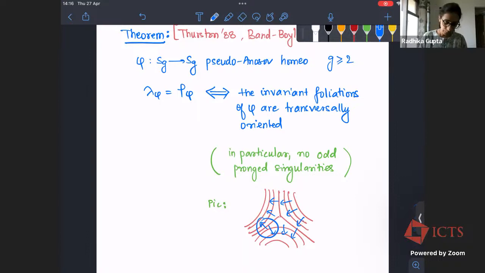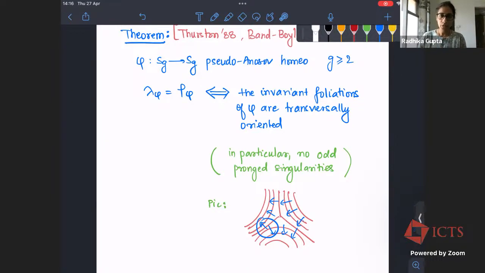So if I have this 3-pronged singularity in my foliation, that means my foliation is not orientable by this definition. And Thurston and Veech showed that these 2 numbers are equal if and only if I don't have this bad behavior.